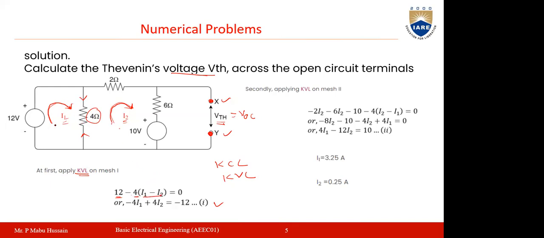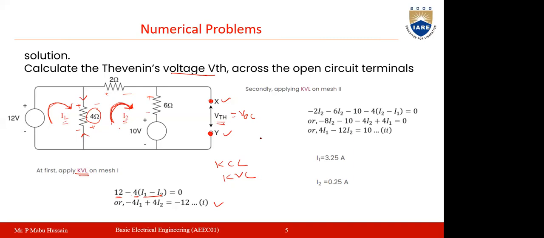In a loop according to KVL, all voltages sum to 0. So this is minus plus. Now here this is plus minus. For the resistances, this is plus and minus, and for this is plus and minus, and for this is plus minus. Now you have to find the voltage across all the elements, take the sum, and equate it to 0.